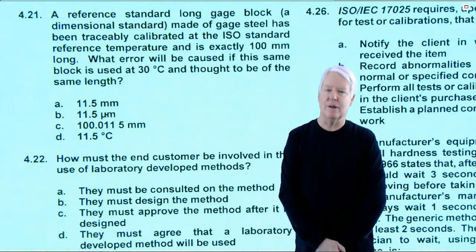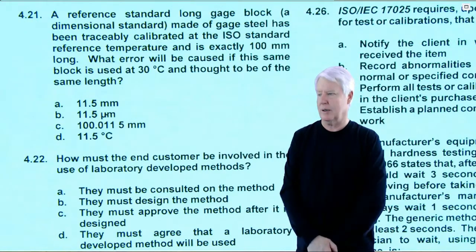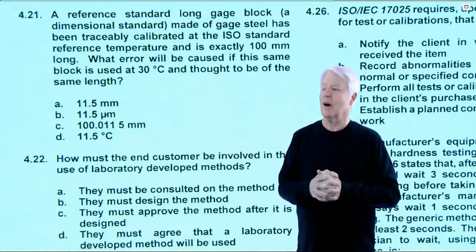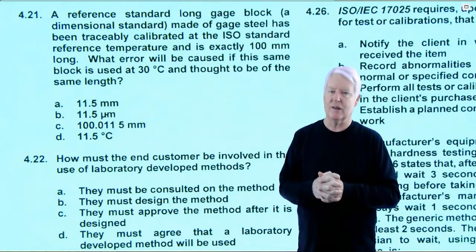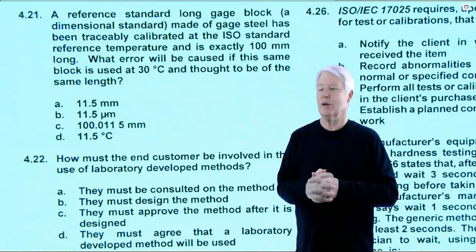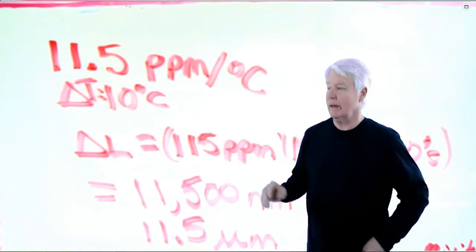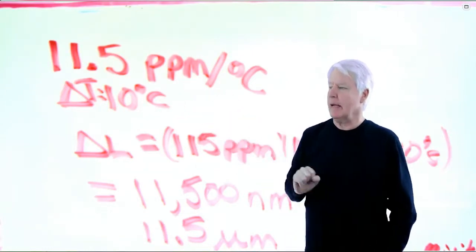So what they're going to have you do here is there's a change in temperature. And the change in temperature is going to expand this gauge steel. And so we have to do a mathematical calculation to figure out what that is, which means we need to go to the whiteboard. All right, here we are at the whiteboard, and this is the information I have.